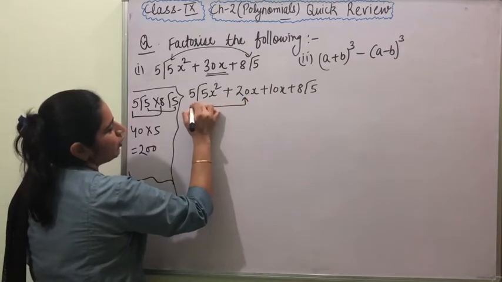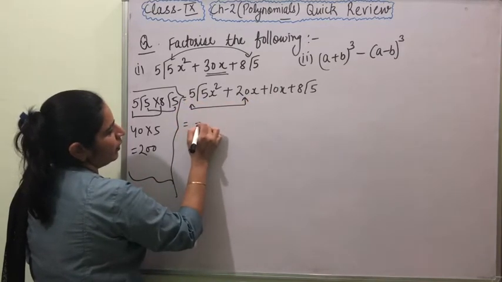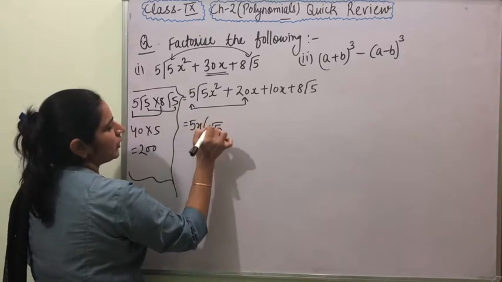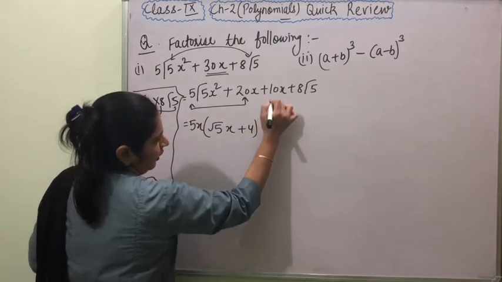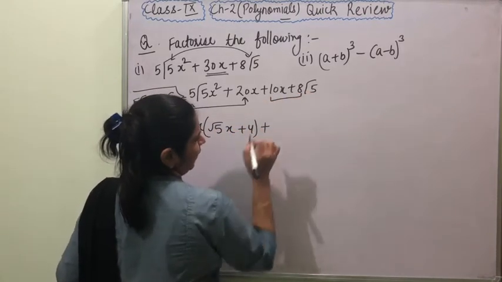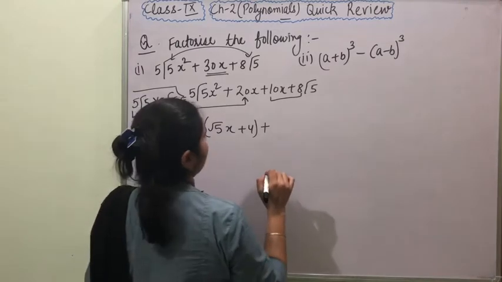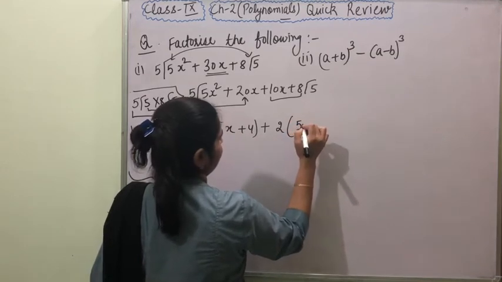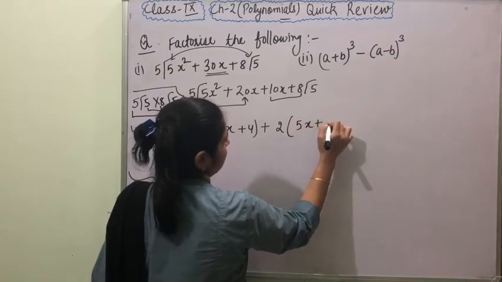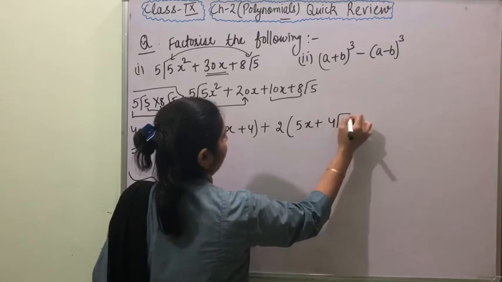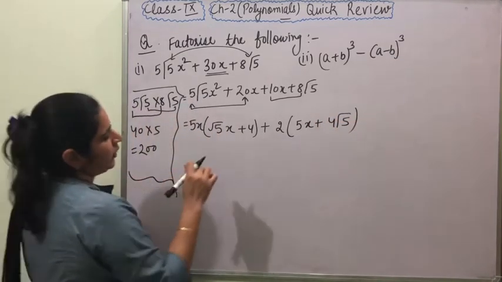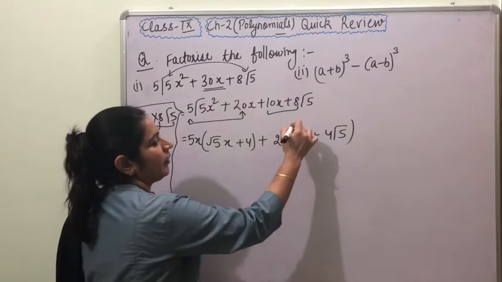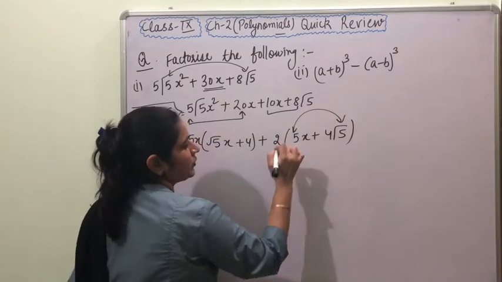Now take 5x as common out from the first two terms: 5 root 5 x square plus 20x becomes 5x into (root 5 x plus 4). And from the last two terms, we are taking 2 as common out, 10x plus 8 root 5. The requirement of the question is (root 5 x plus 4), so we can take root 5 as common out from the last two terms.